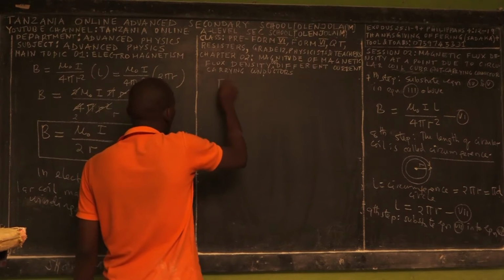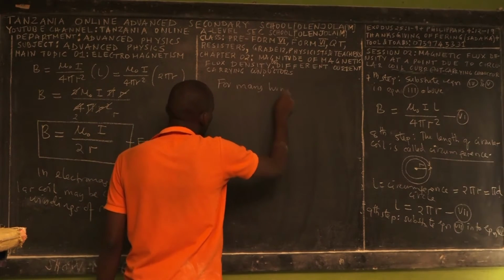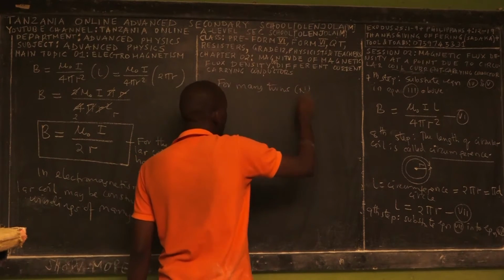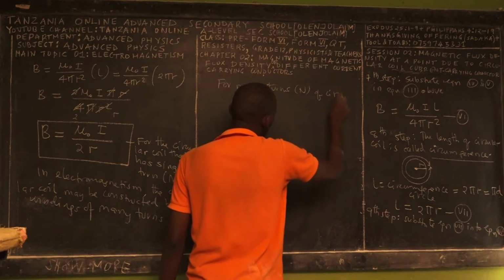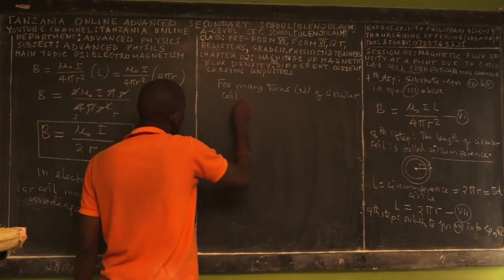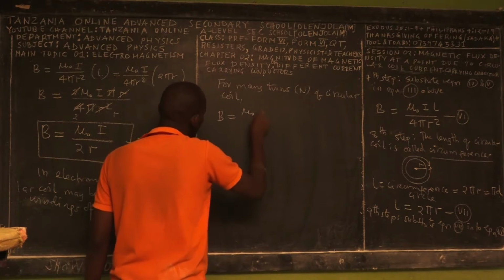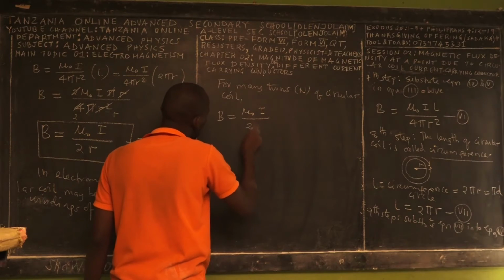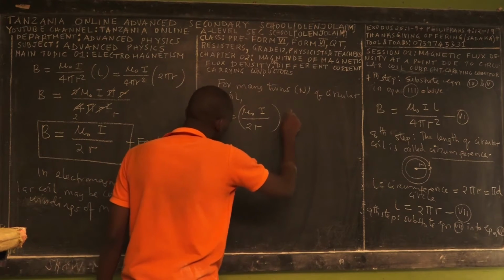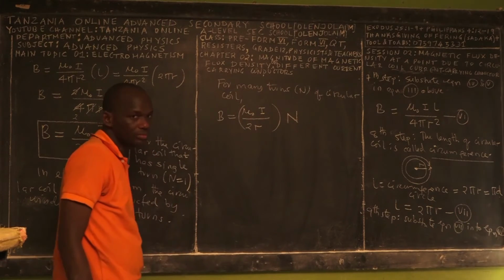So for many turns, which is n, many turns of the circular coil, the magnetic flux density is equal to permeability of free space times current over twice R. So to find it for several turns, you have just to multiply by the number of turns.